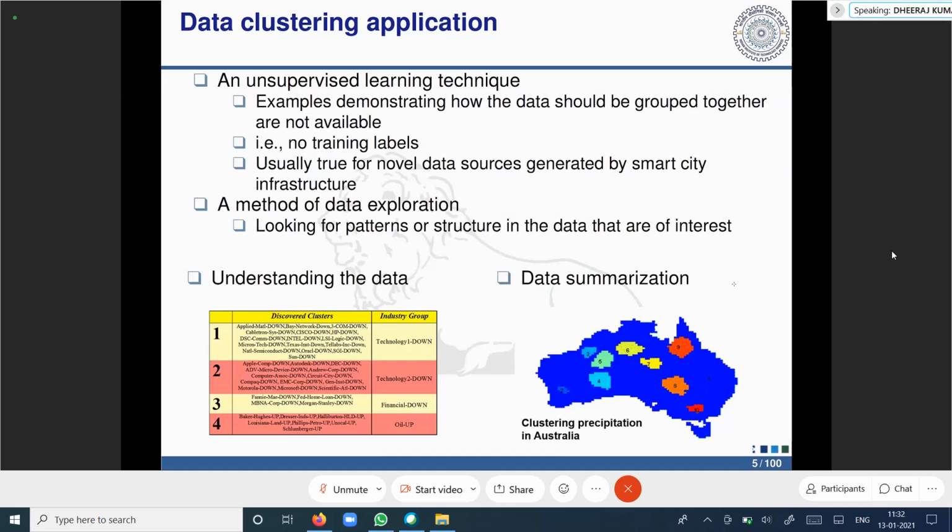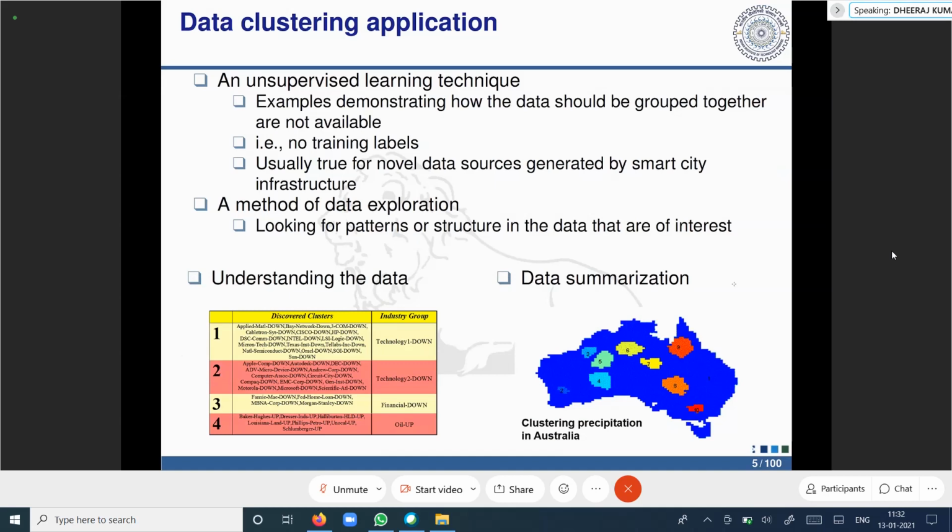This is usually true for all these novel data sets that are being collected nowadays, maybe in a smart city or in healthcare or in all the other areas in which we now have IoT. All the sensors that we deploy collect lots and lots of data, but not much is known about that data beforehand.